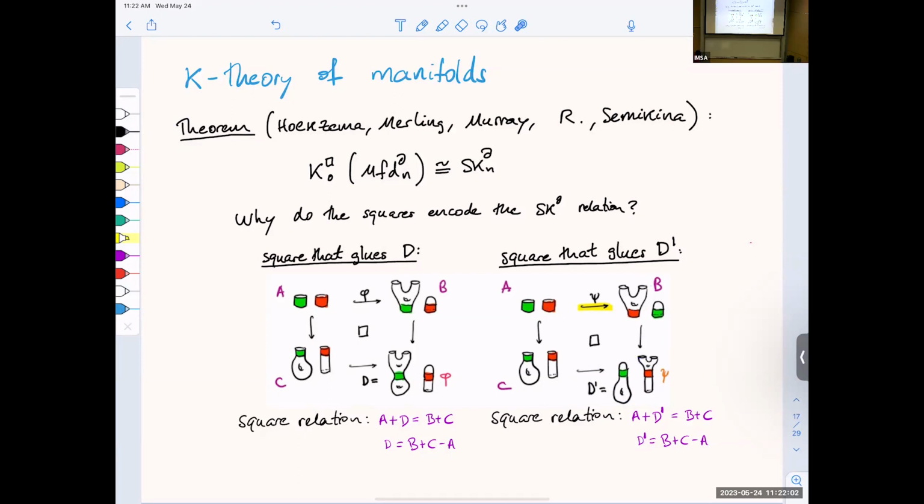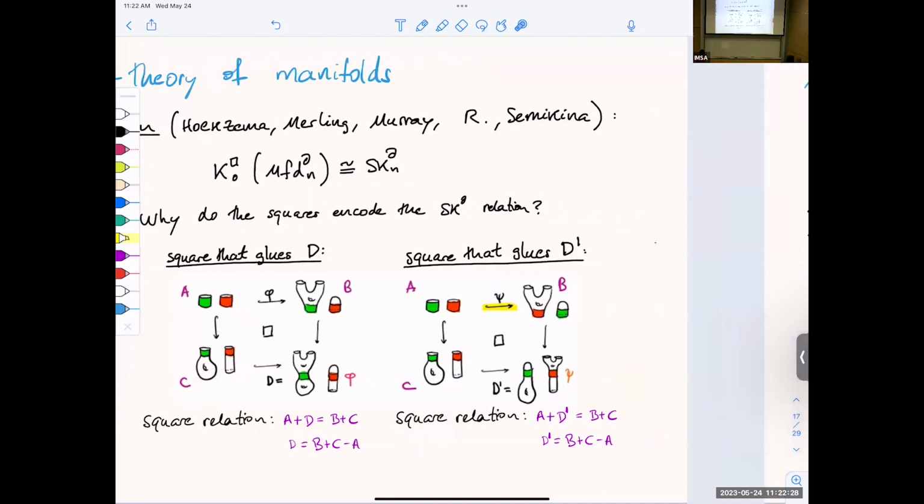So D prime is, again, B plus C minus A. So in this group, D and D prime are the same. That's exactly what establishes the cut and paste equivalence and the connection with K-theory. Of course, the proof is a little longer; that's stuff for the paper. So that's the idea of the connection between K-theory and SK of manifolds.